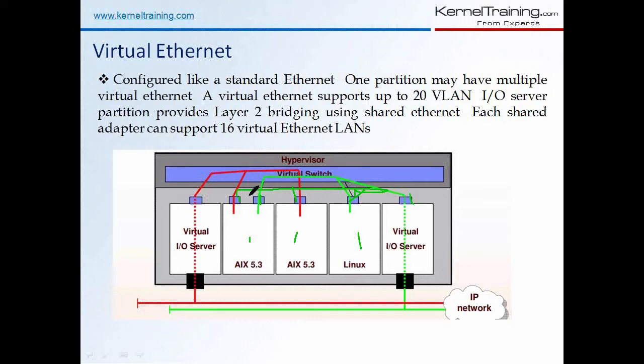If it is untagged, that means the LPAR will send the packet to the hypervisor switch. According to the VLAN, the hypervisor switch will assign the VLAN ID to that packet and send it to the respective LPAR. But it is within my physical server box.